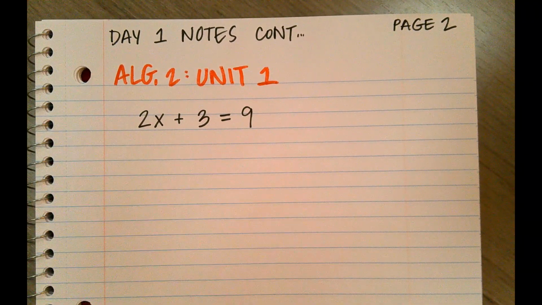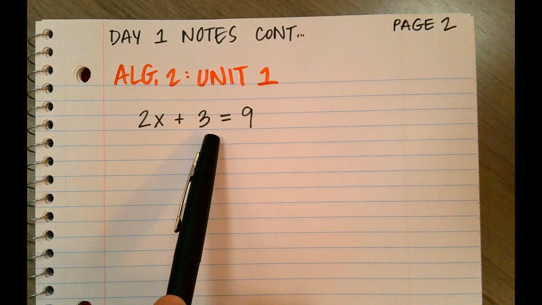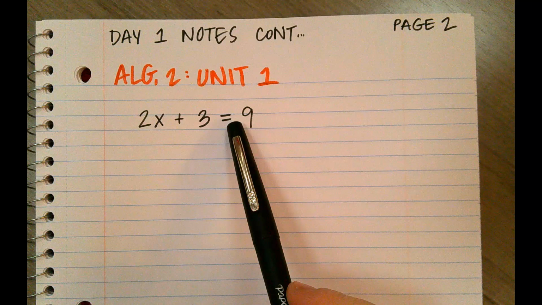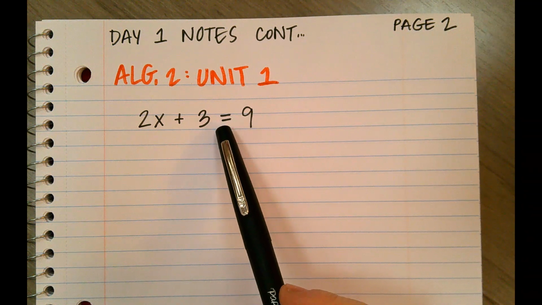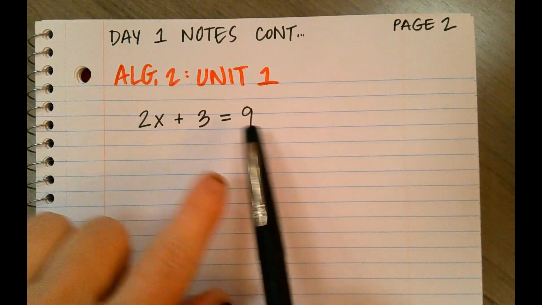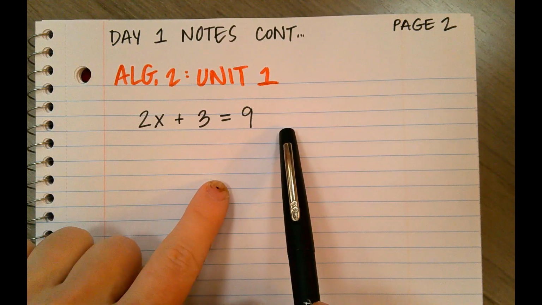It really doesn't matter what equation you have, it could be any numbers, any variables. The rule of equations is that because there's an equal sign, I can do whatever I want to these numbers as long as I do the same thing on both sides.